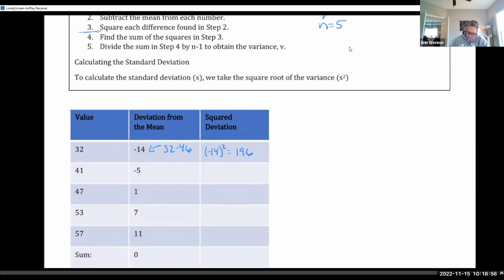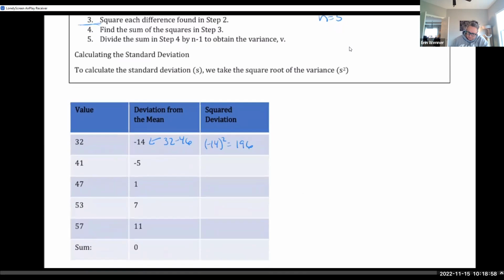We're going to keep doing that for all of these deviations. So negative 5 squared is going to be 25. 1 squared is 1. 7 squared is 49, and 11 squared is 121.